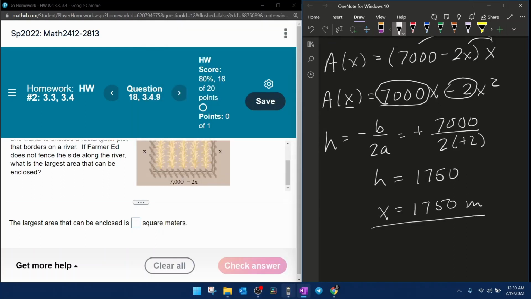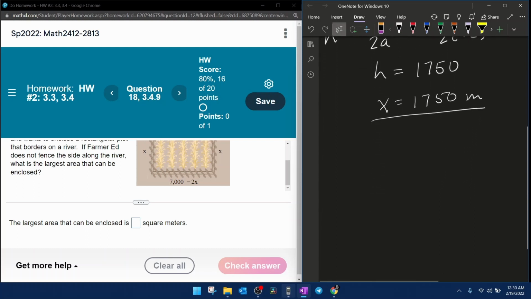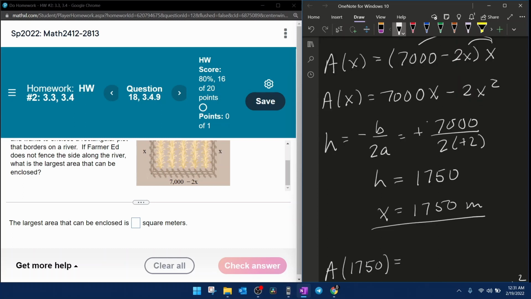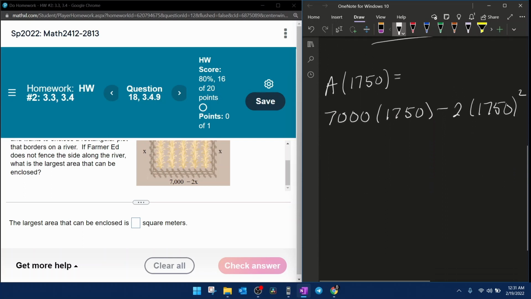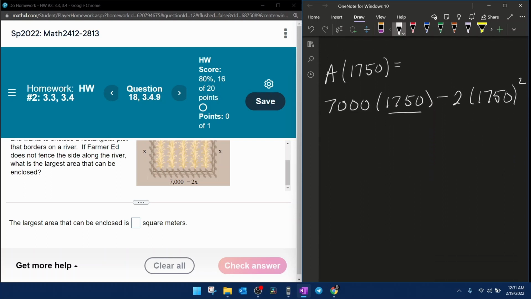So, x is 1,750. Now, to find the maximum area, we're going to find A of 1,750. So, going back up to our area function, we're going to take this function and replace each x with 1,750.